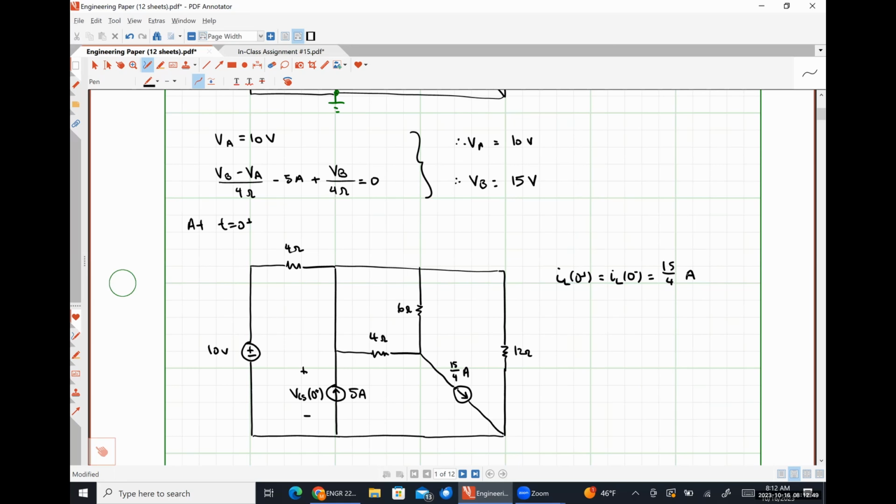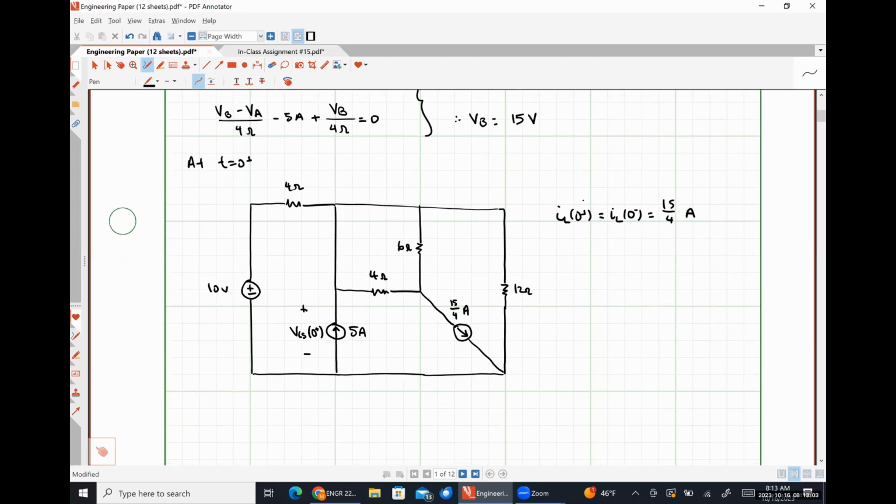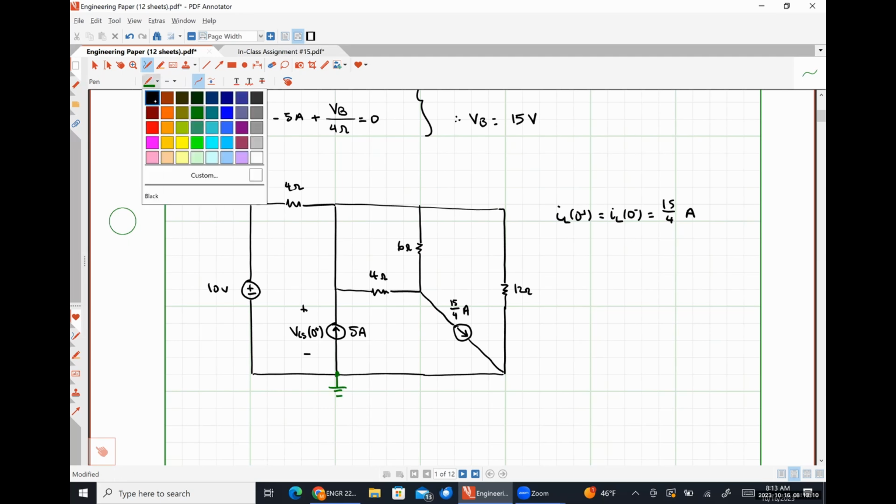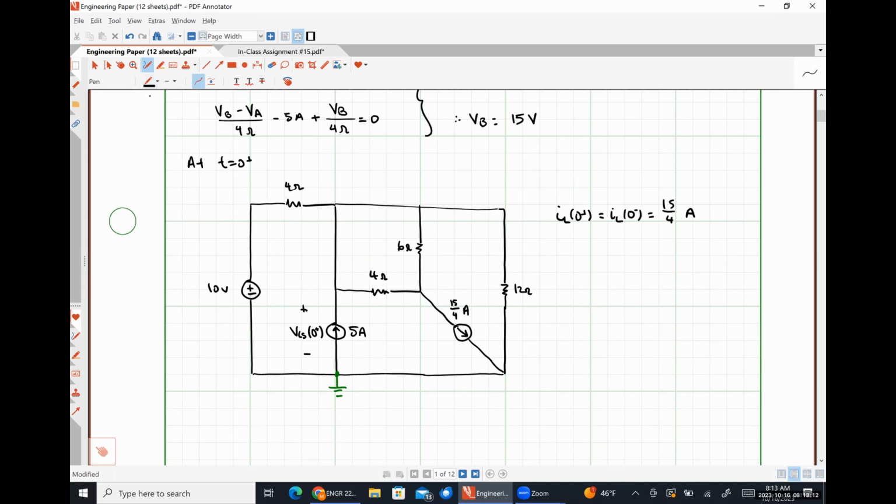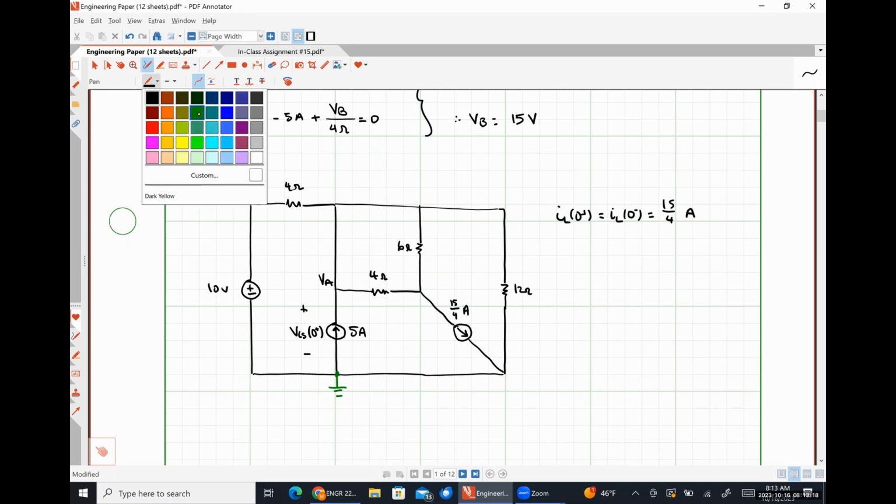I believe there are only 1, 2, 3, 4, 5 nodes, one of which will be ground, but because I have a voltage source, one of those nodes will be a known voltage. So if I chose my ground to be here, let's call this node VA, and I'm going to highlight it just so we're all on the same page.